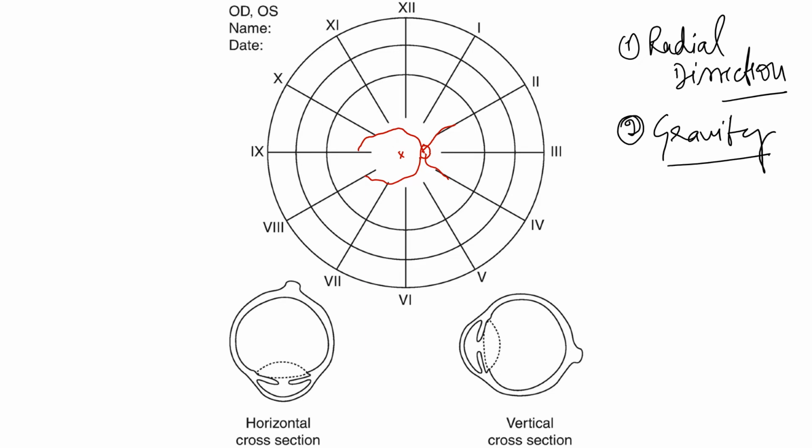Going by a different example in the location of the break, if you have a break somewhere here, again at the ora, and if we apply the first rule that the fluid should dissect equally on all the sides, then the detachment will progress like this.